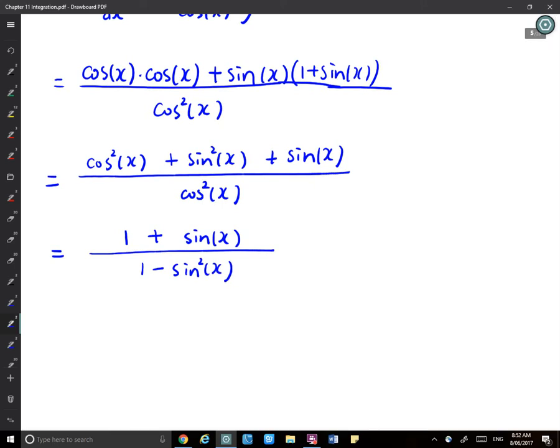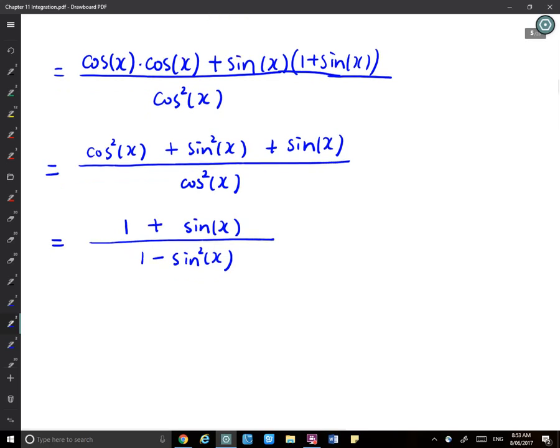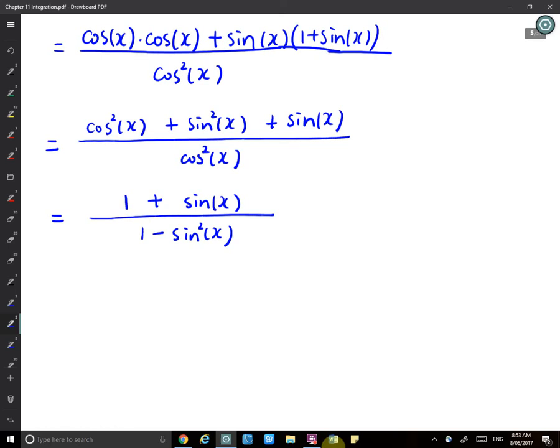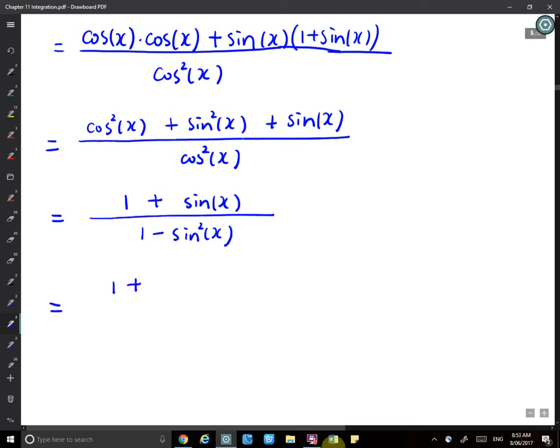What do I need to do next? How can I cancel? Yes, factorize. So 1 minus sine squared is a difference of perfect squares, so 1 plus sine x times 1 minus sine x.